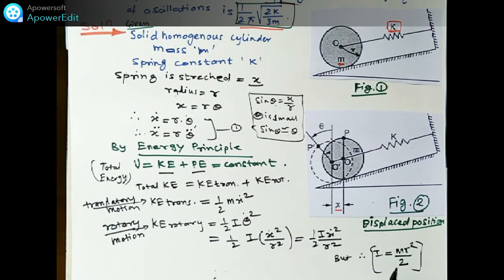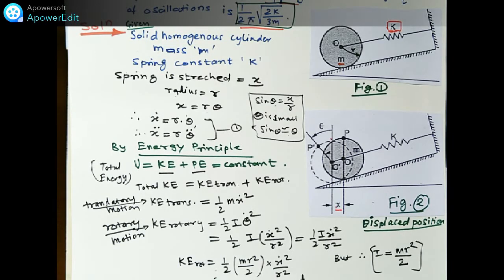Putting this in the equation, KE rotary is equal to half into m r square by 2 into x dot square by r square.